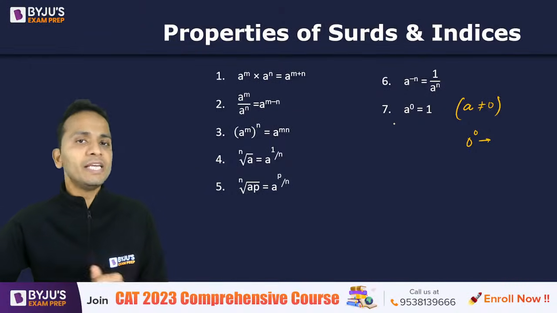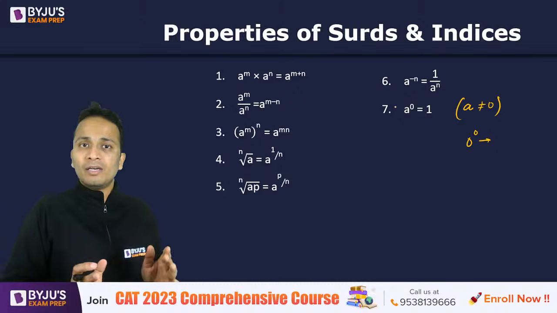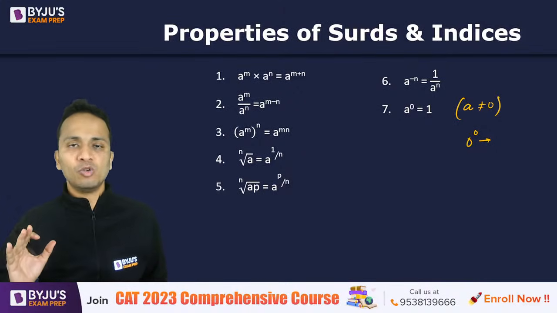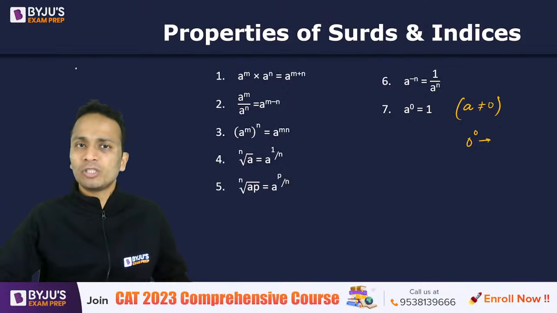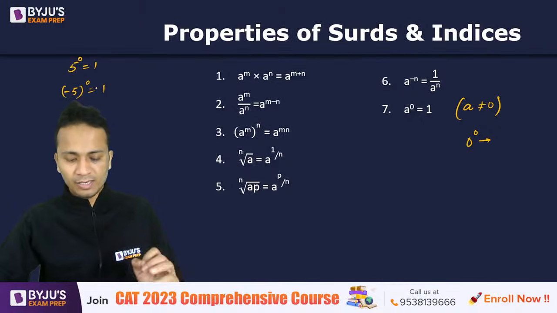So a raised to the power 0 will be equal to 1 if a is not equal to 0. So any number other than 0 raised to the power 0 will always be equal to 1. Okay, so be it a positive number, be it a negative number, 5 raised to the power 0 will be equal to 1. Minus 5 whole raised to the power 0 will also be equal to 1, like this.